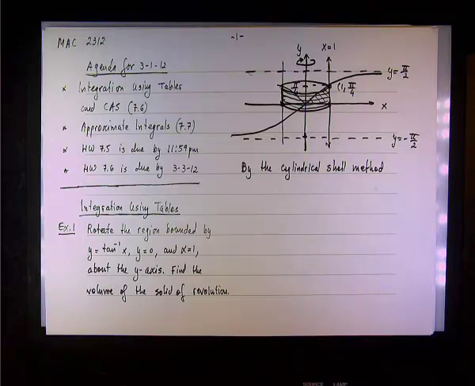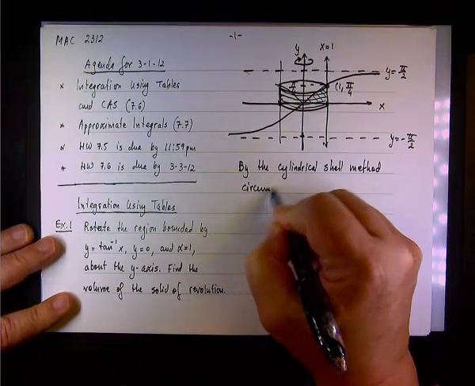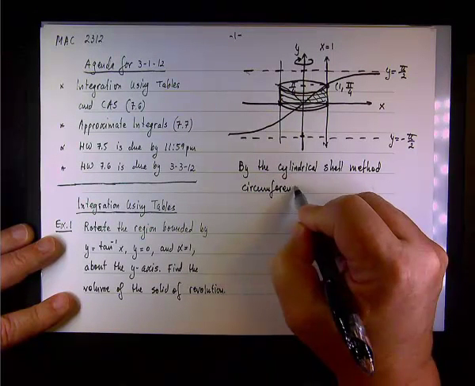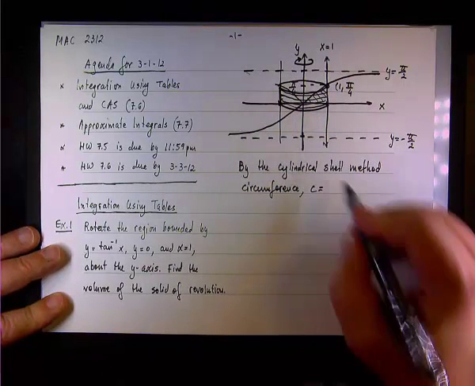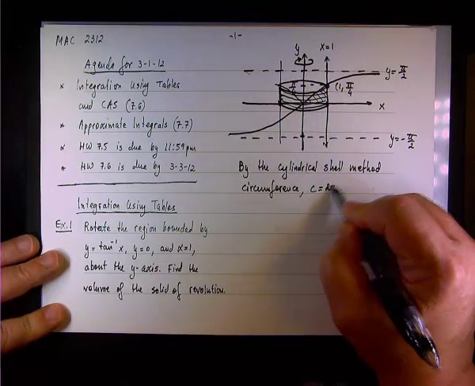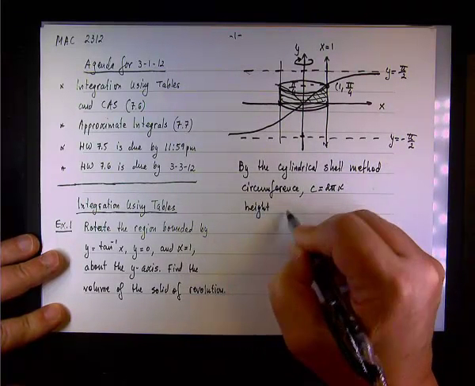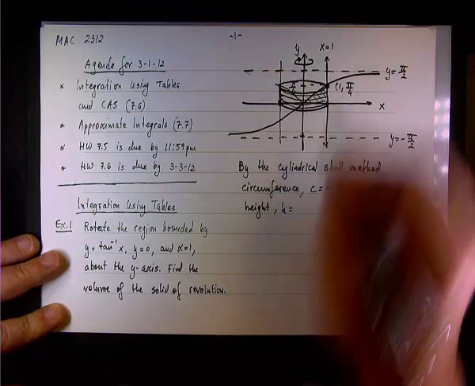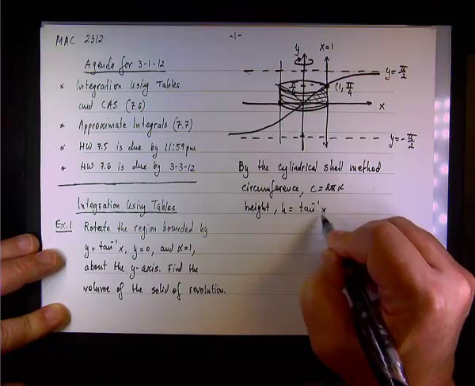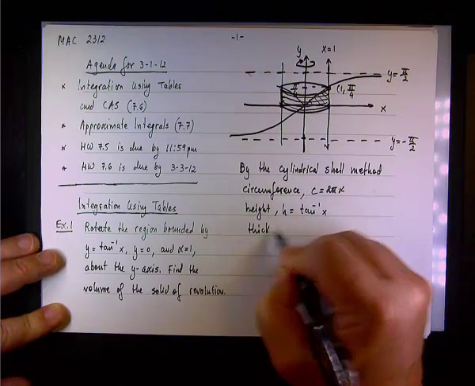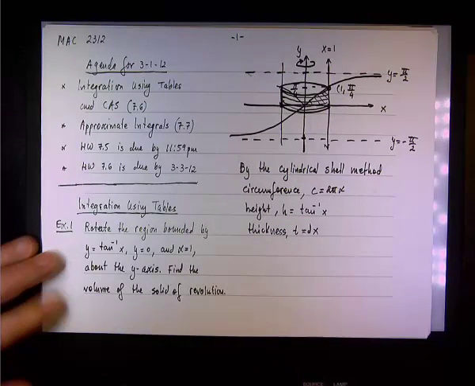By the cylindrical shell technique, or shell method, remember, for the cylindrical shell, we need to have the circumference C, the height H, and the thickness T. So circumference C, well, in this case the radius will be x, so it will be simply 2 pi x. The height of the function h will be the inverse tangent of x.